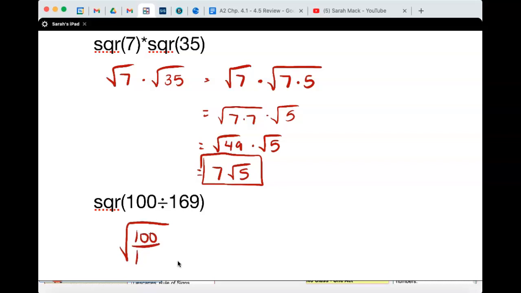Here's this lovely thing. Square root of 100 over 169. So now we're kind of moving into the quotient property. Instead of one radical, I could write it as two separate radicals.